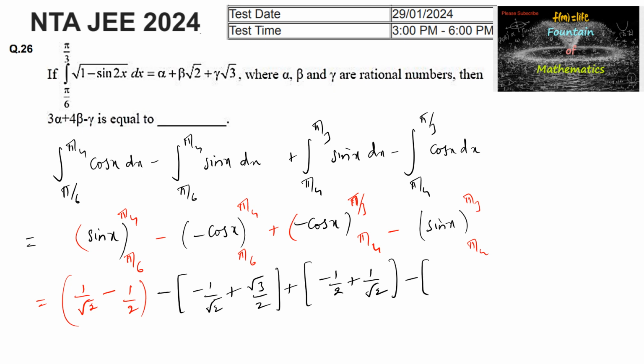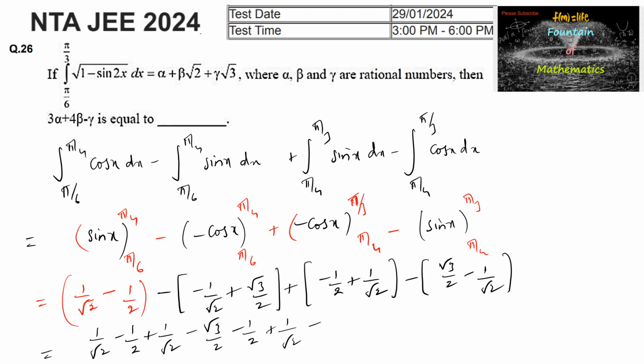minus, and here sin pi by 3 is root 3 by 2 minus sin pi by 4 is 1 by root 2. So on simplifying, we get 1 upon root 2 minus 1 upon 2 plus 1 upon root 2 minus root 3 by 2, and again minus 1 by 2 plus 1 by root 2 minus root 3 by 2 and plus 1 by root 2. So here 1 upon root 2 appears 4 times.